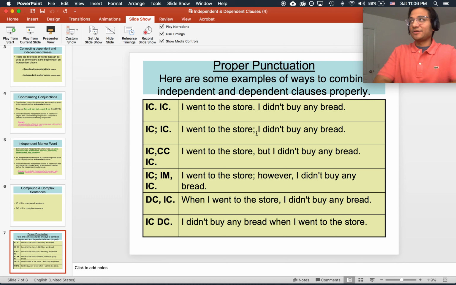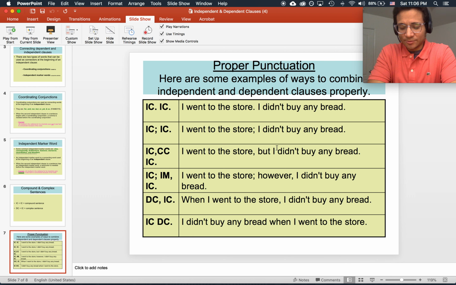If I said, for example, I went to the hardware store, semicolon. They had the hammer that I wanted. See how these are directly related, and they're both independent clauses. So remember that. Semicolon only when you have independent clauses and that they're directly related to one another.